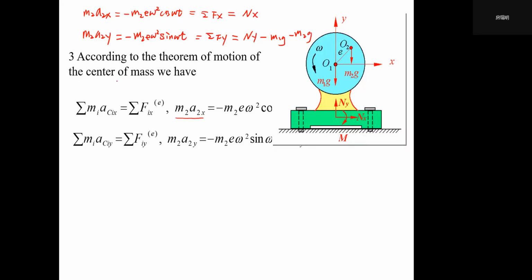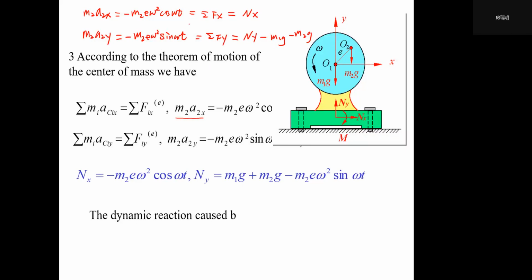That's how we use this theorem of motion of the center of mass. So we can find that nx just equals minus m2 e omega squared cosine omega t, and ny will equal m1g plus m2g minus m2 e omega squared sine omega t.